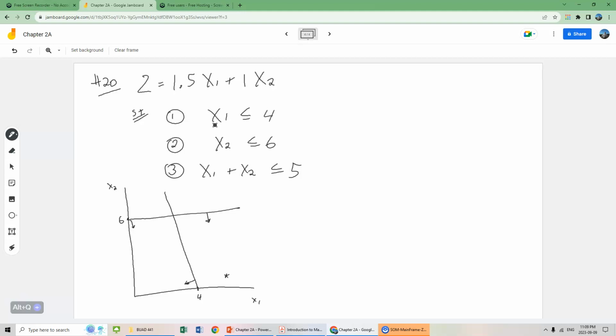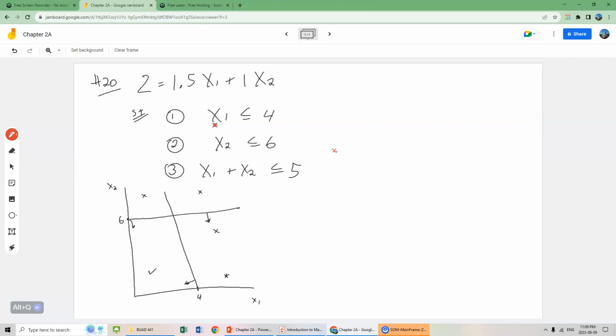It's bound by the interior of those two lines. This is okay, but out here, not good. The third constraint is going to further restrict this. I'm going to draw this in a different color. Let's pick red. X1 plus X2 is less than or equal to 5.